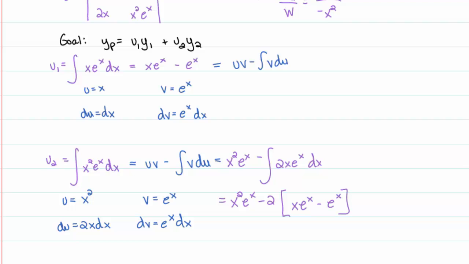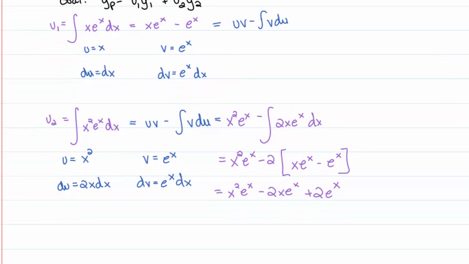And remember, we don't worry about the constants. You might be wondering what happened to the constants of integration. I don't worry about that in this method because those constants are only going to regenerate the complementary function. So I don't worry about it in this process.